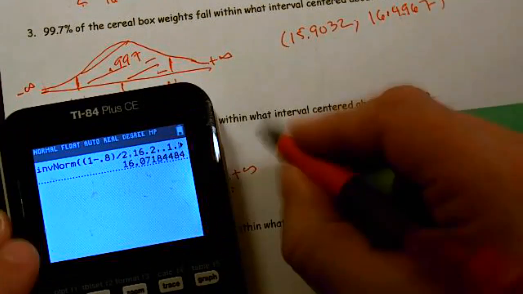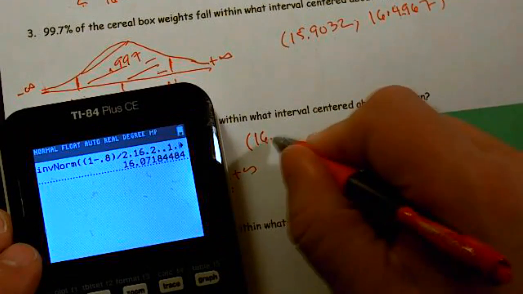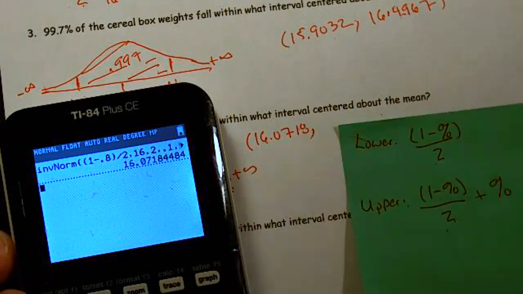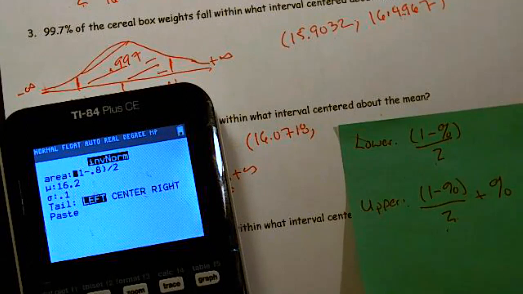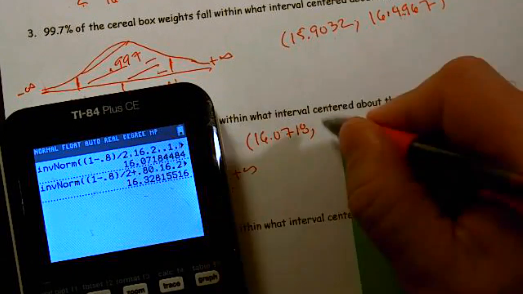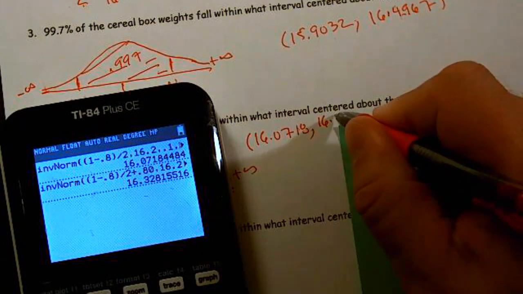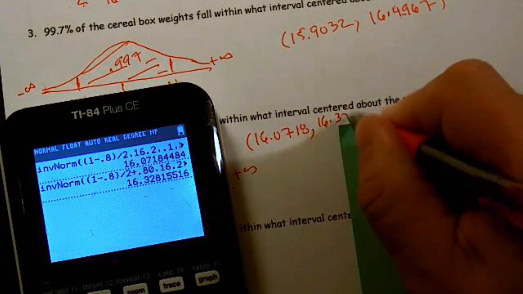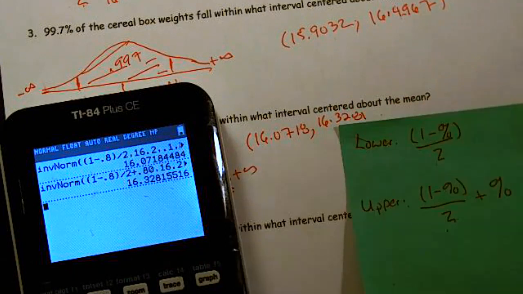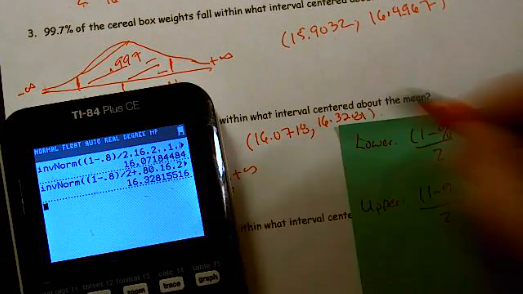So my lower bound in this case is 16.0718. And my upper bound, second vars, inverse norm, I'm just going to come back and add that 0.80. And I get 16.3281.